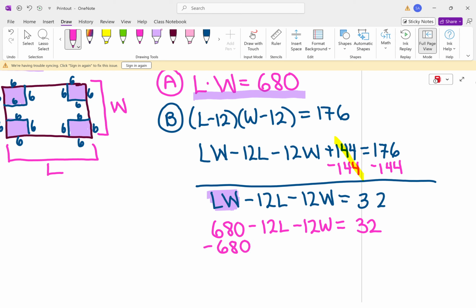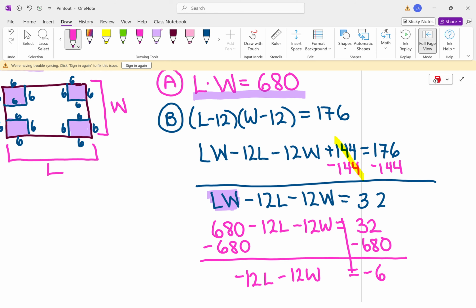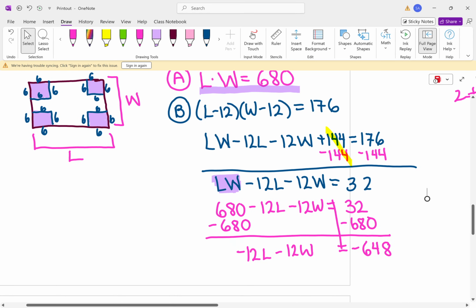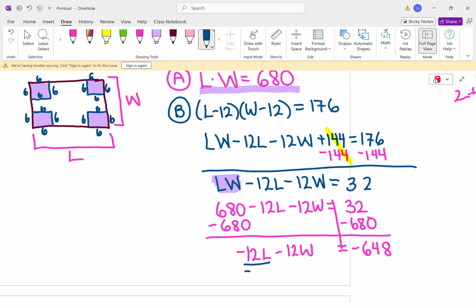What do you think I'm going to do now? You're going to subtract 680 from both sides. Yep, we'll subtract 680 from both sides. And what do we get? I don't know, I'm going to trust you. What'd you say? Negative 648? Okay. Anything else I can do to make this simpler? I could divide by negative 12 on both sides.